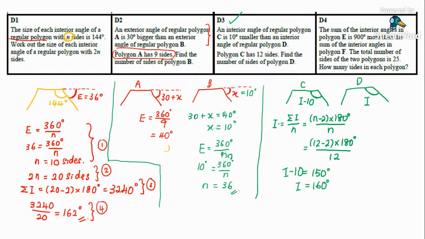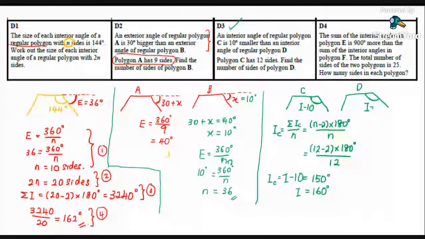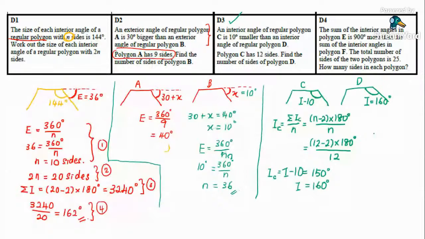Because here I'm finding the interior angle of C, and the interior angle for C is supposed to be I minus 10. So I equals 160 degrees. The value for I here is 160 degrees.